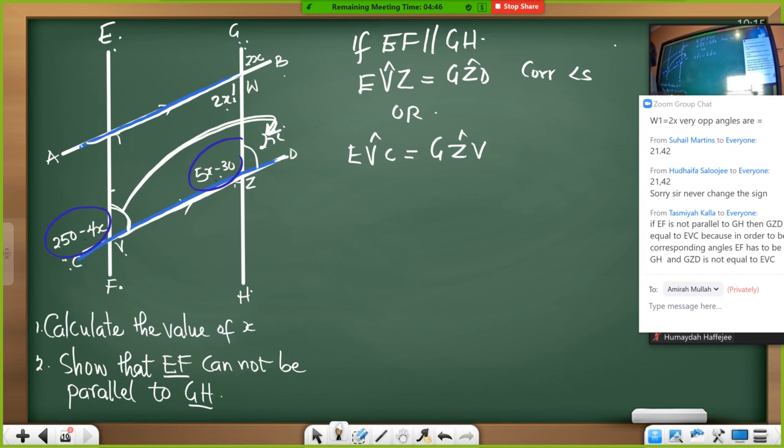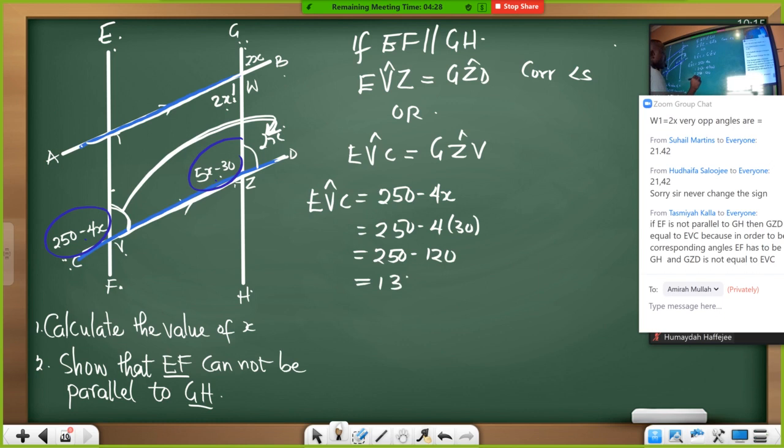What is my EVC? 250 minus 4x. 250 minus 4 times 30, which is 250 minus 120. And that will give us 130 degrees.